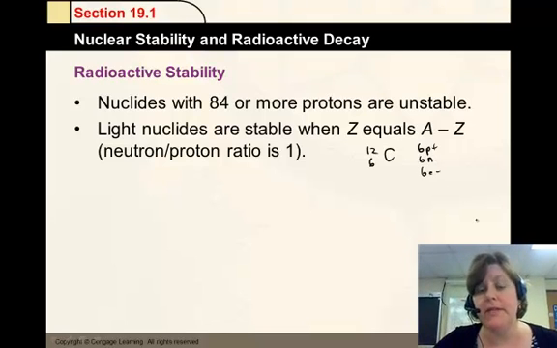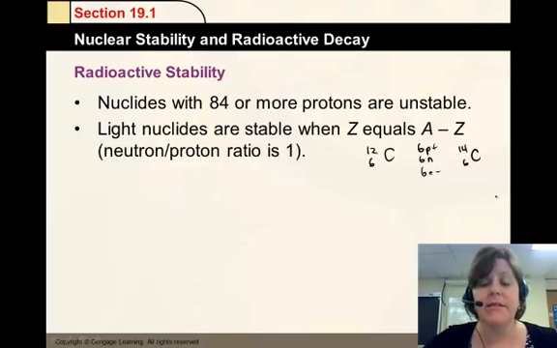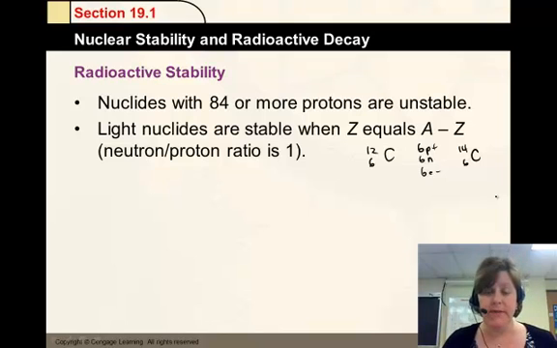Now we really don't care about the electrons because of course they're on the outside of the atom, but carbon 12 has the same number of protons and neutrons. This happens to be a stable isotope of carbon, whereas carbon 14 is an unstable isotope because it has more neutrons than protons, so the neutron-proton ratio is not 1 to 1.